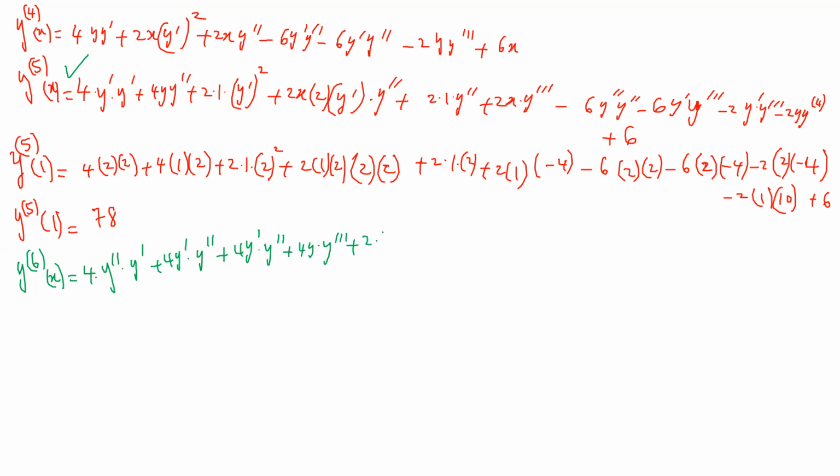Now this one is 2y primed plus 2. The derivative of the 2x becomes just 2. We're just differentiating this, and therefore we're keeping the 2. So this is going to be 1, and then the 2 here.